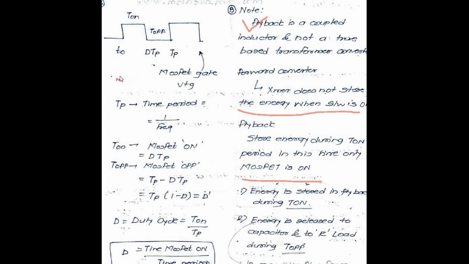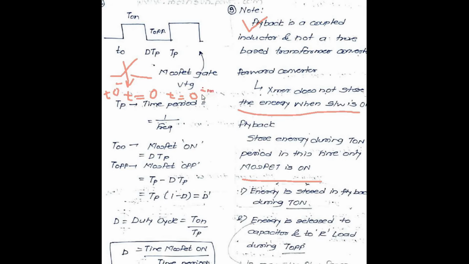Here I will note it. This is a switching action which is going to happen at t equals 0, and before this is t equals 0 minus and after is t equals 0 plus.